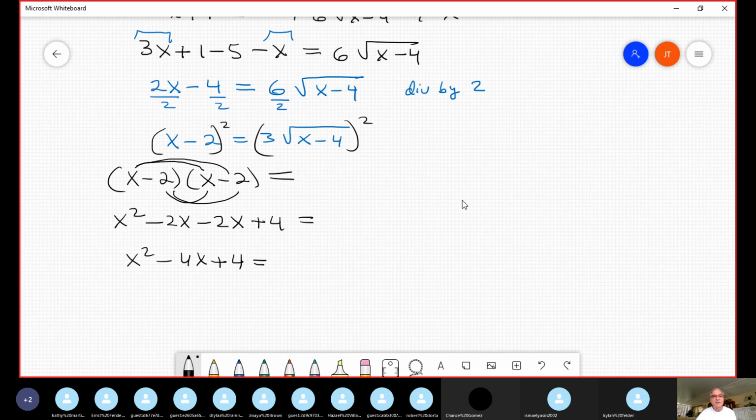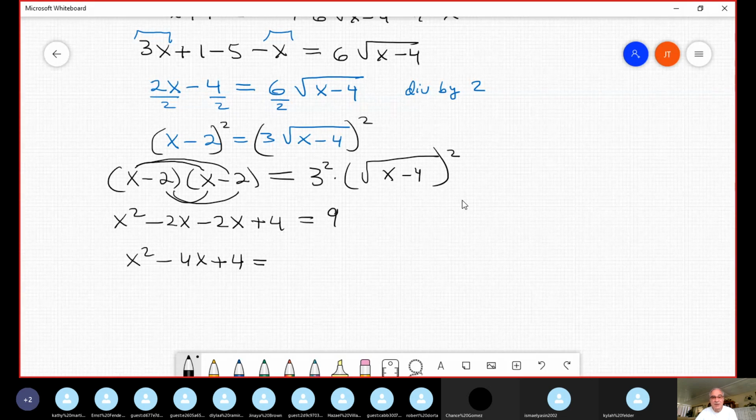And the right hand side is different because actually it's 3 multiplied by a radical. So you raise to the second power: 3 squared times radical x minus 4 squared. And 3 squared is 9. And the radical square is cancelled. It's just x minus 4. But be careful.